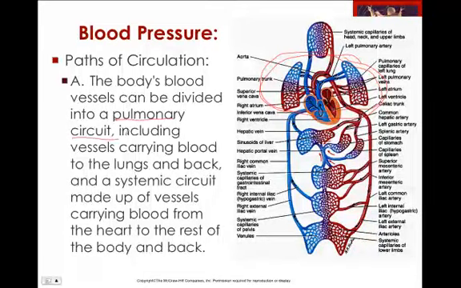Then we have the systemic circuit, and the systemic circuit is made up of everything else. It's all of the vessels carrying blood from the heart to the rest of the body and back. So all of this is your systemic circuit.